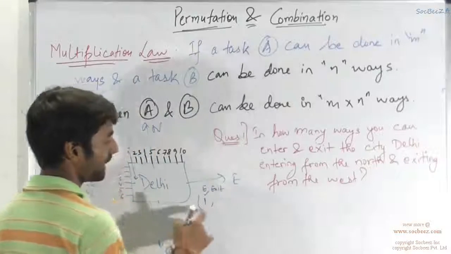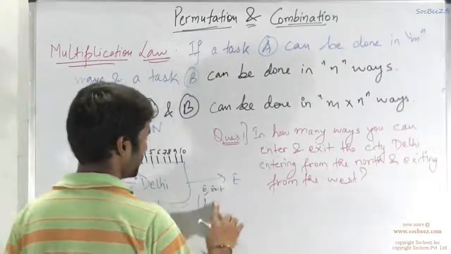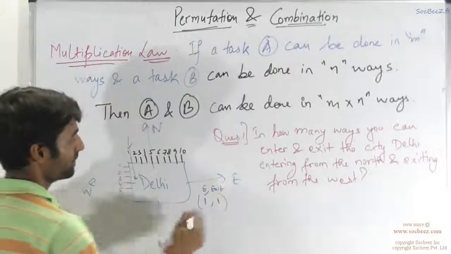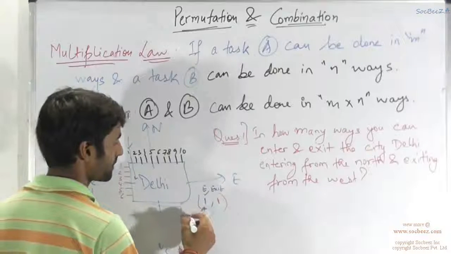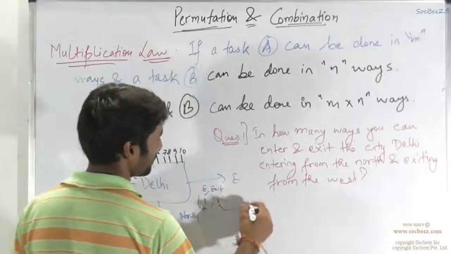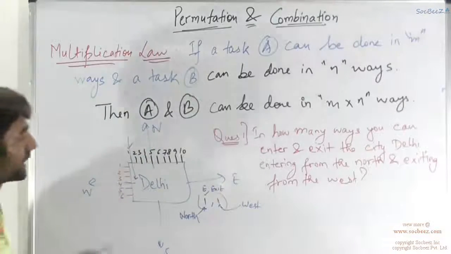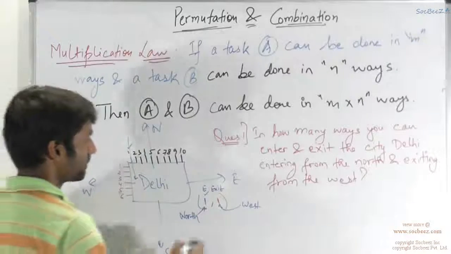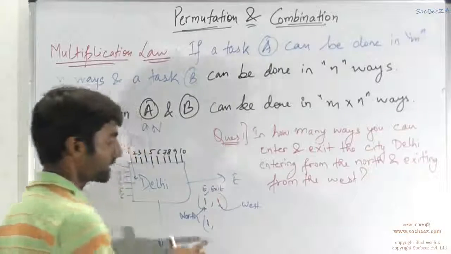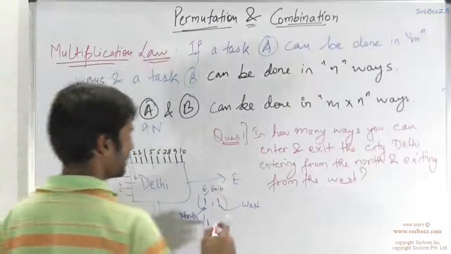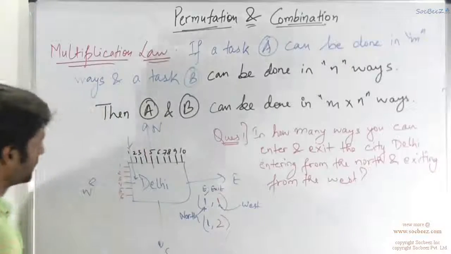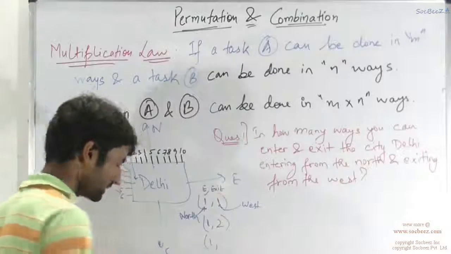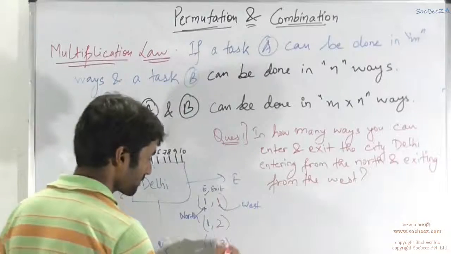I entered from the north gate number 1 and exited at the west gate number 1, the red ones being the west. Another possibility could be I entered from the first gate from the north and exited from the second from the west. The entry point is fixed, and you are changing the gate from which you are exiting.